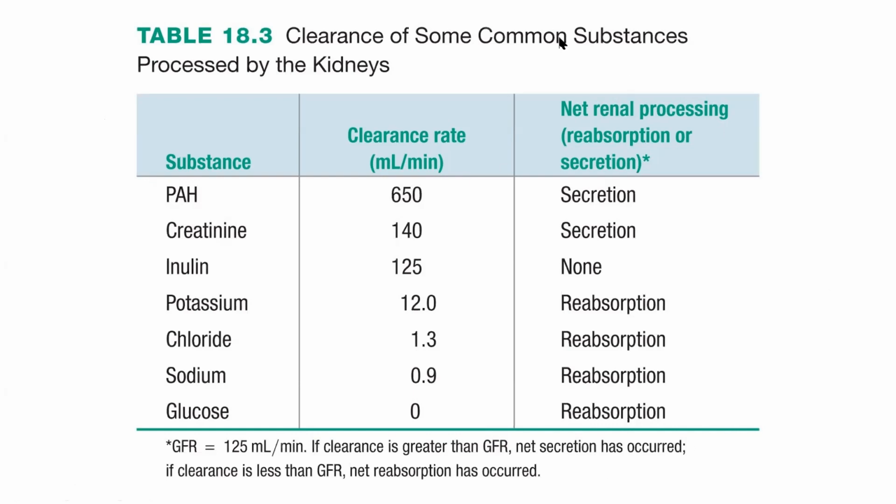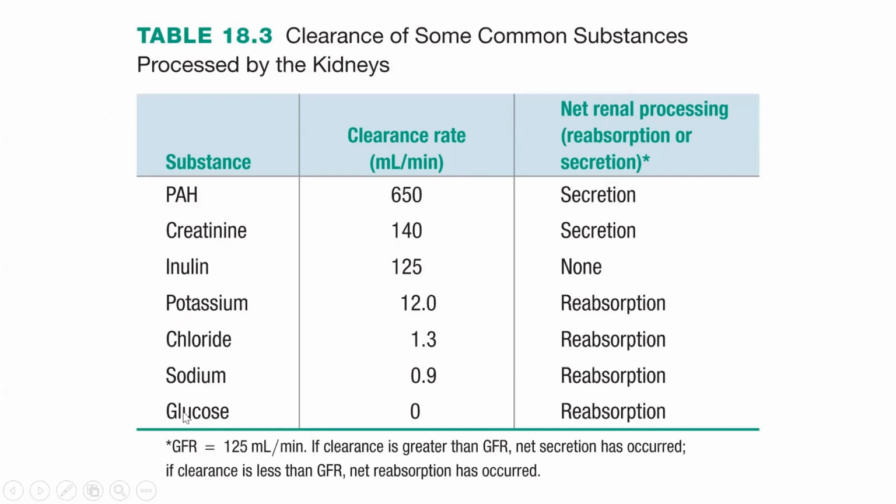And so what this table is really helping us to see is that if we compare the clearance rate of certain molecules and substances to our GFR, that will tell us whether it's being secreted, absorbed, or neither, as is the case with inulin.